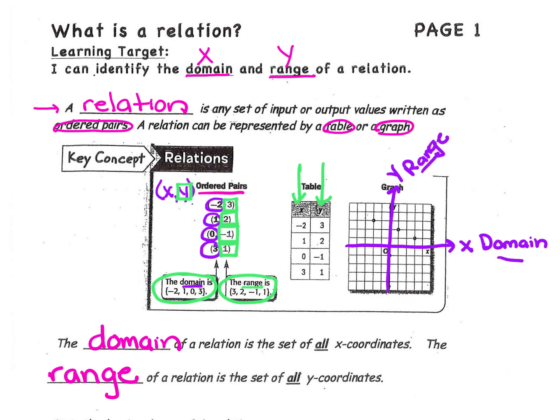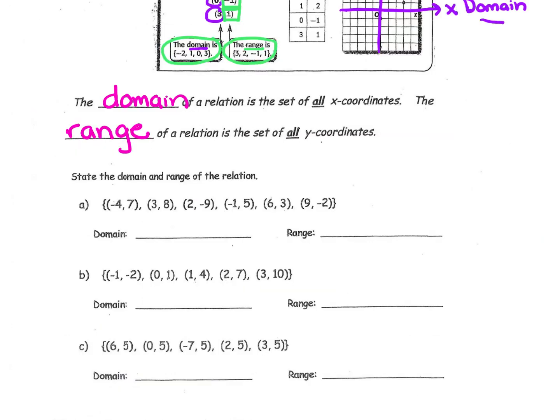Now, let's take a look at a quick activity down below where we have to identify the set of numbers that is the domain and the set of numbers that is the range. Down below, it states, state the domain and the range of the relation.